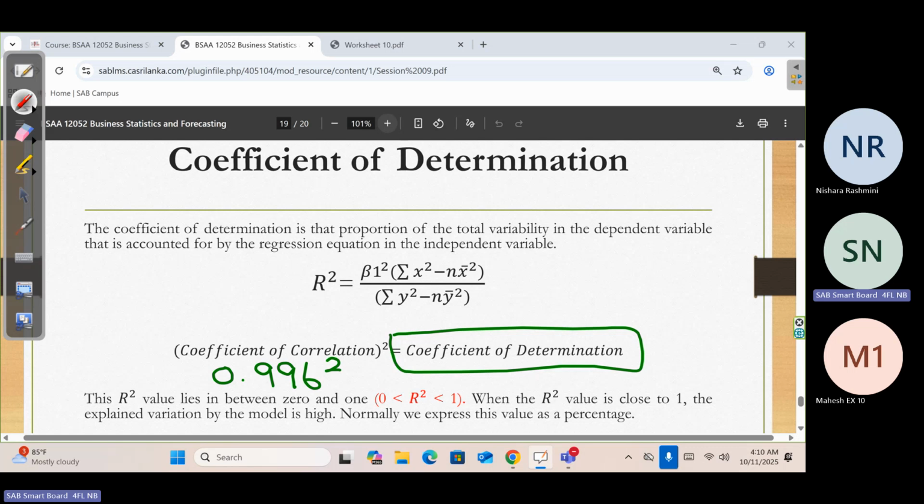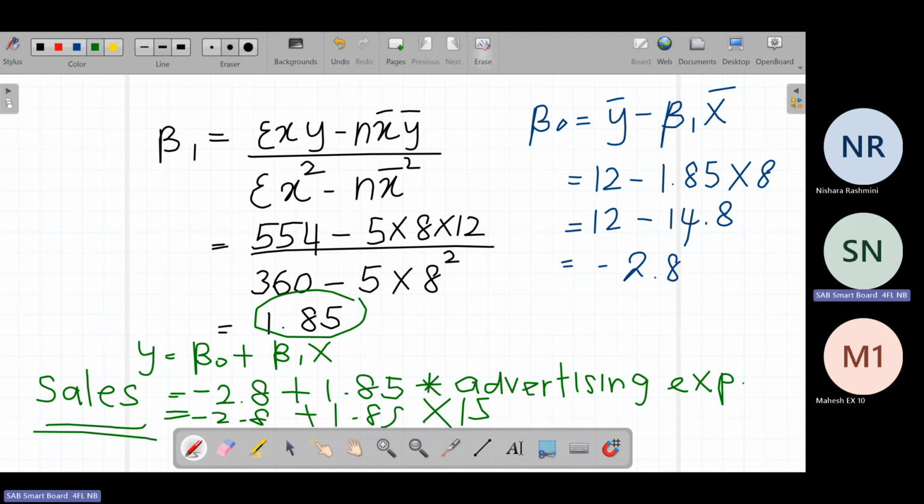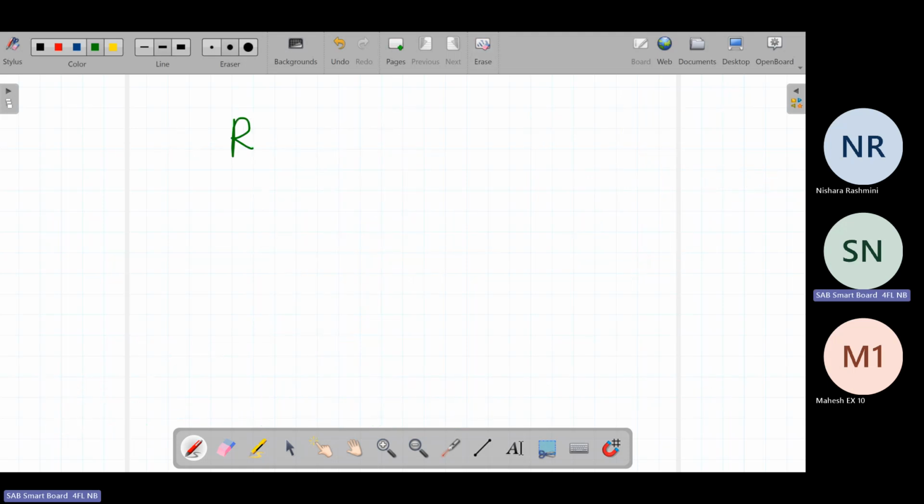Understood? Coefficient of determination we denote by capital R square. It's clear? Then hurry up. Now you have the answer for the R. Then calculate the coefficient of determination. Then here the question asks to find out the R square.